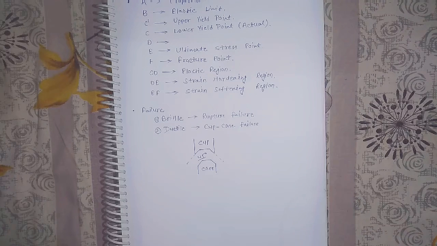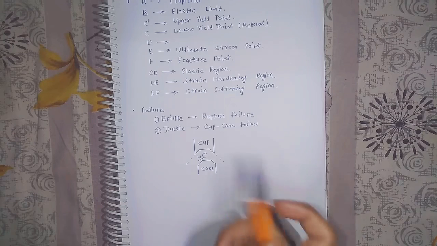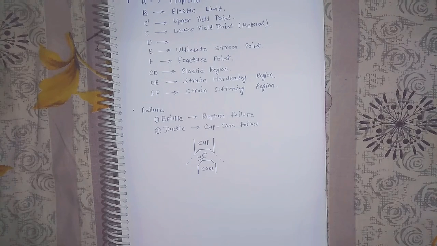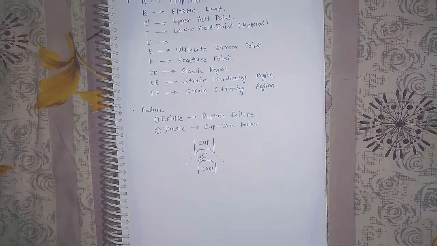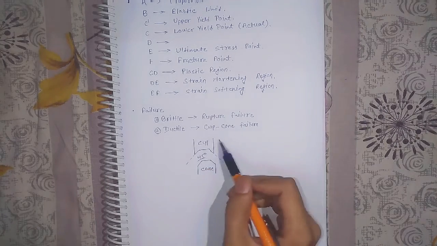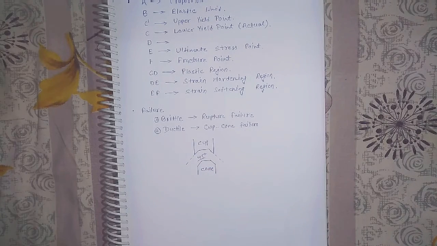Then the fracture point will be obtained, that is F, and the fracture is of two types depending upon the material. It will be either a brittle material or a ductile material. For brittle material, rupture failure will be seen. But in ductile material, cup cone failure will occur.